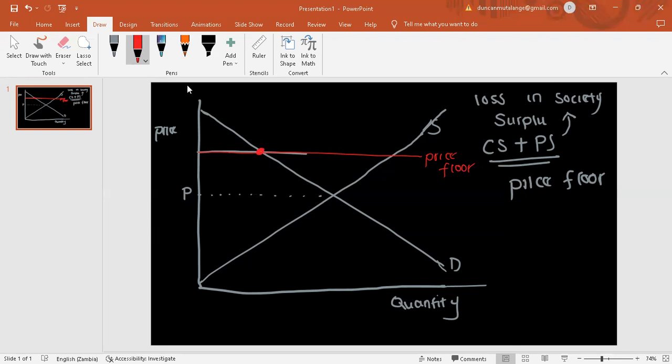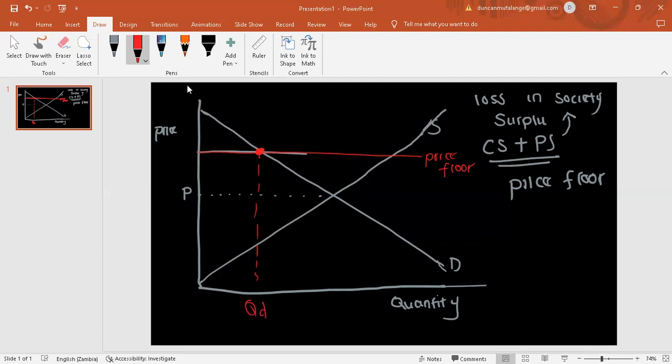So here, because we're looking at consumer surplus and producer surplus, the quantity that is going to be produced will be here and not this. Because we're not considering things that are produced, we're looking at things that are being bought when it comes to the aspect of consumer surplus or producer surplus. Okay, so you are looking at this quantity here. So this is the quantity that is going to be bought, isn't it? So the quantity that is going to be bought will be QD.